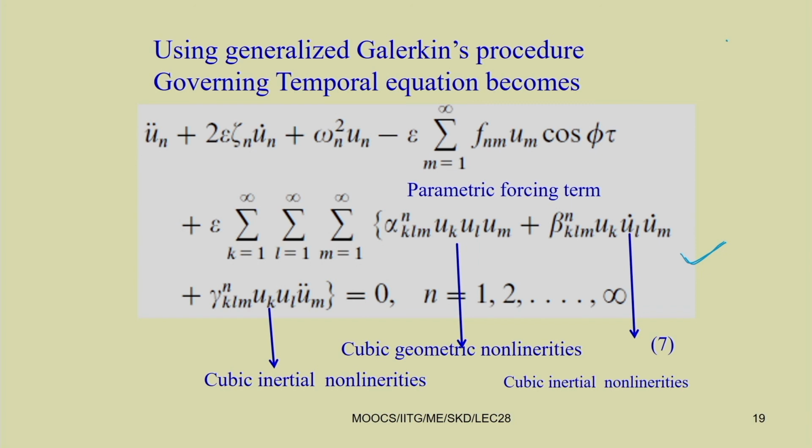equation can be reduced to this form: u double dot plus 2 epsilon zeta u dot plus omega n square u minus epsilon f u cos phi tau plus epsilon alpha u cube plus epsilon beta u dot square plus epsilon gamma u square u double dot equal to 0.